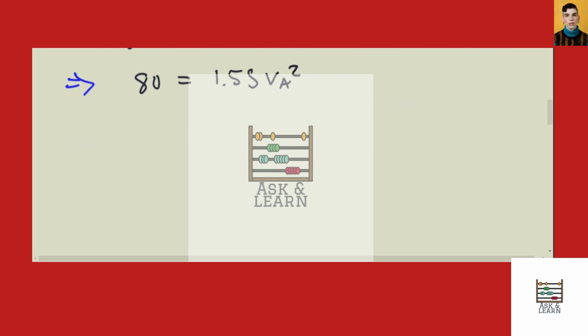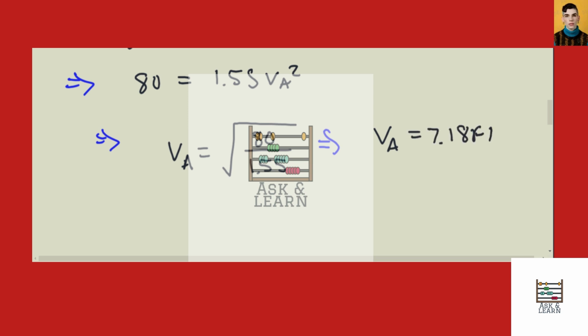So now it's just a matter of solving for VA, which is what we're looking for, the velocity of block A. So we have 80 divided by 1.55. And to get rid of the square, we take the square root of both sides. So VA, the velocity of block A, is 7.18 feet per second.